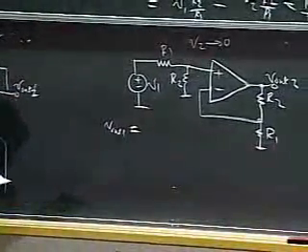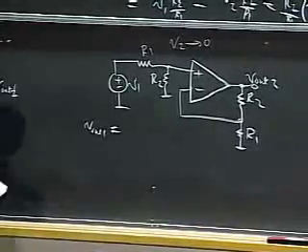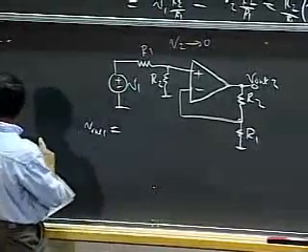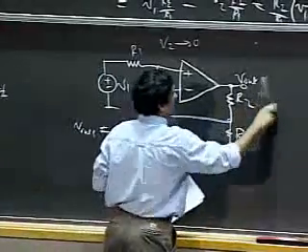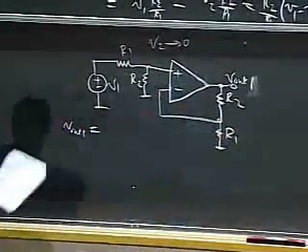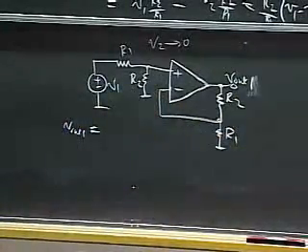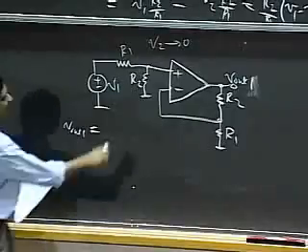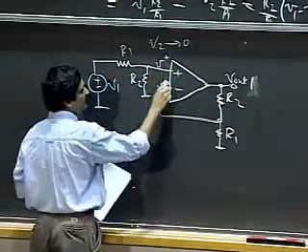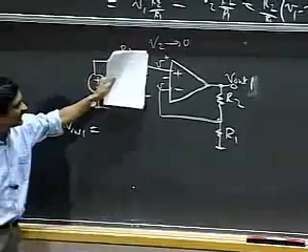What is V out 1 equal to? I should call this V out 1 because it relates to V1. There's a V plus here.